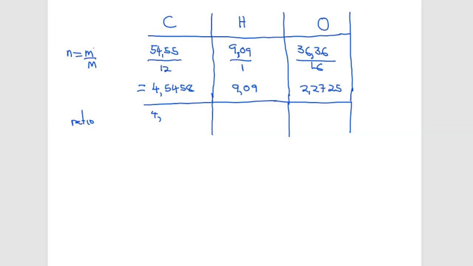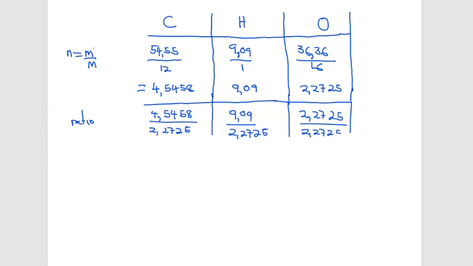Therefore, I'm going to say 4.5458 over 2.2725, and 9.09 over 2.2725, and then the last one is 2.2725 over 2.2725, right? So this one is going to retain the same value.